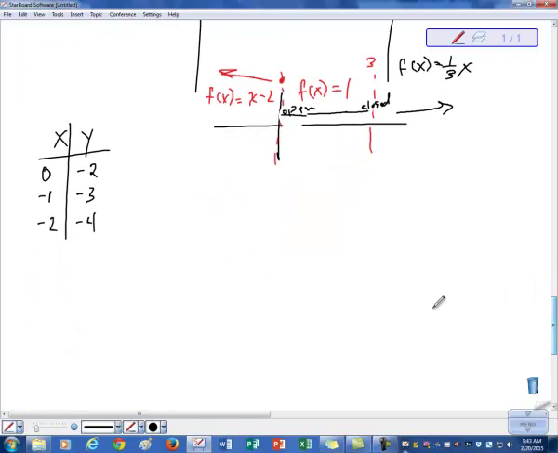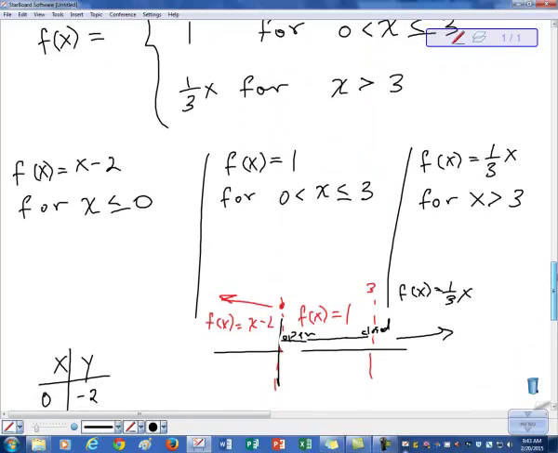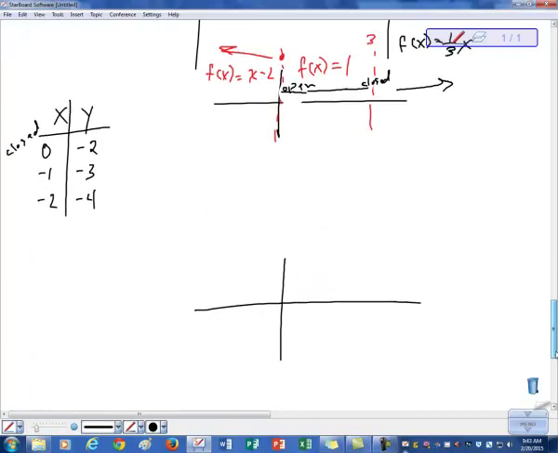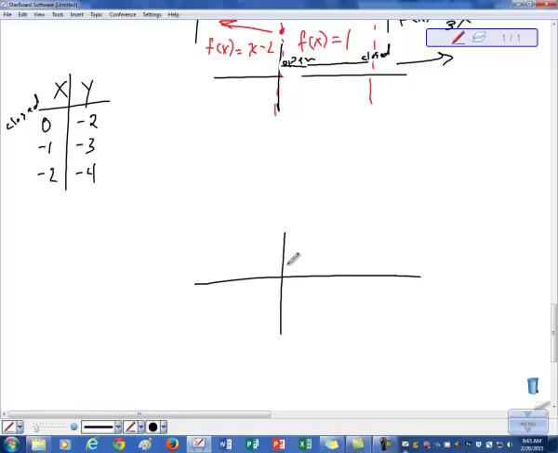So on our graph, we look at a restriction, and that at 0, x is less than or equal to 0, so that's closed. So that'll be a closed dot at 0. And so we're going 0, -2, and that's closed.